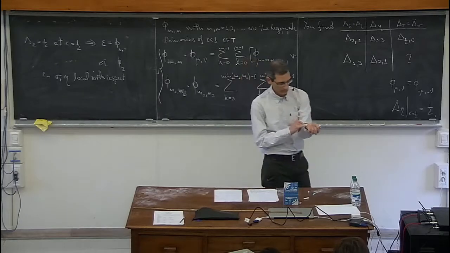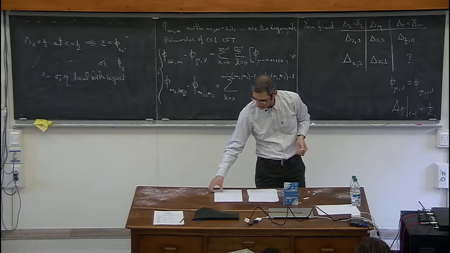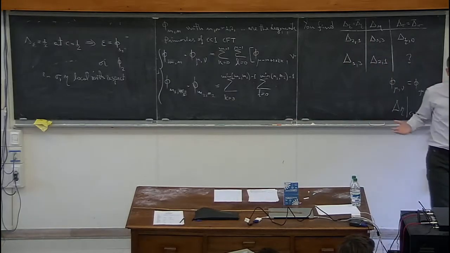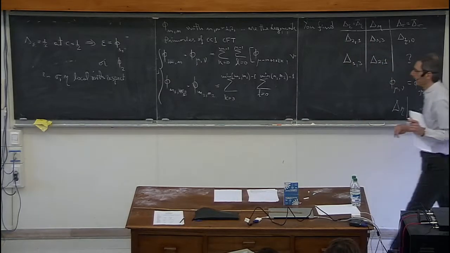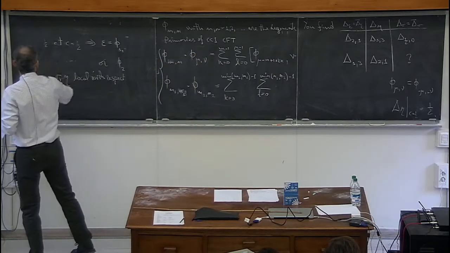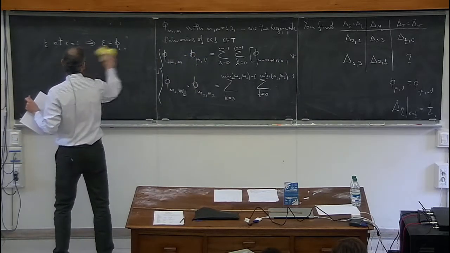Okay, so as I said, what we miss in all this picture is the symmetry. And we now try to get in touch with the symmetry going back to particles.